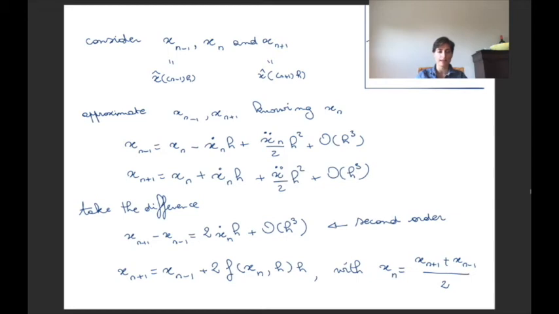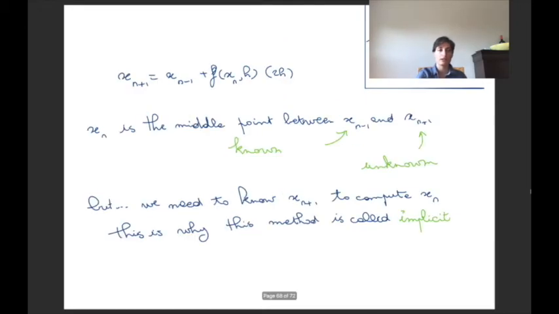But remember, xn is the middle point between xn plus 1 and xn minus 1. If we know xn minus 1 and we need to know xn plus 1, we need xn. But xn is the middle point between the two.